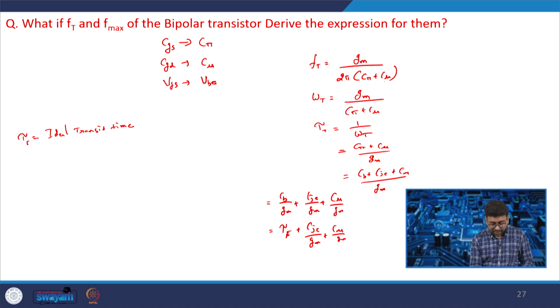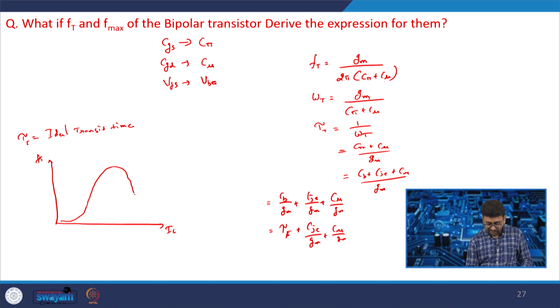If we try to draw the graph between Ft versus Ic, then at lower current, as Ic is increasing, this will start increasing, and after a certain point of Ic current you will see this Ft is coming down. This Ft is a function of Ic at lower frequency.